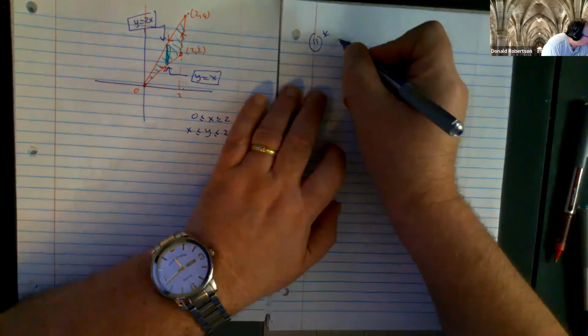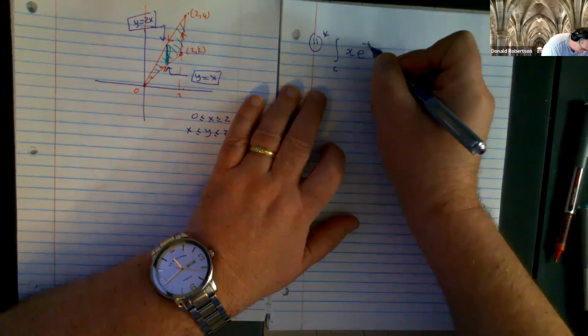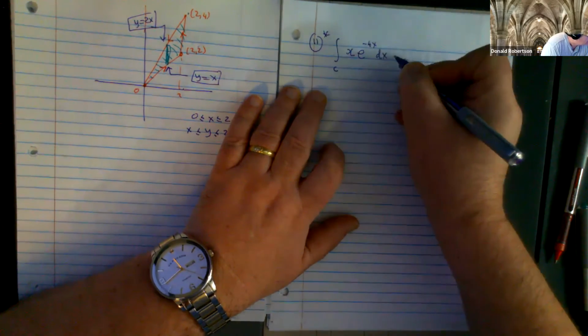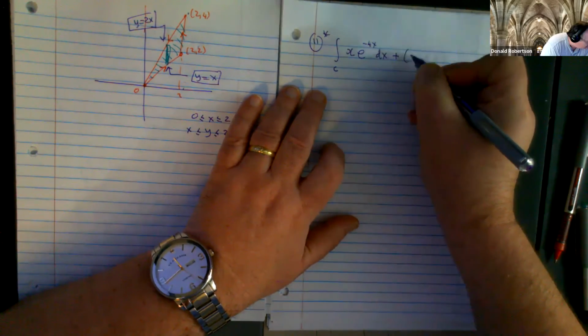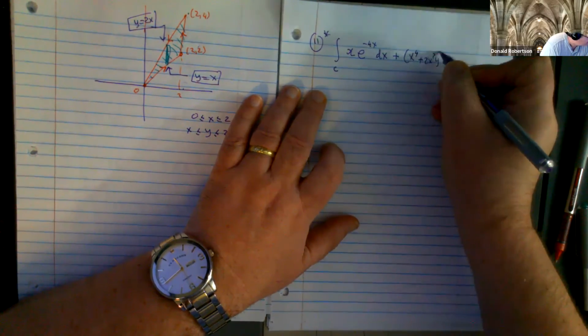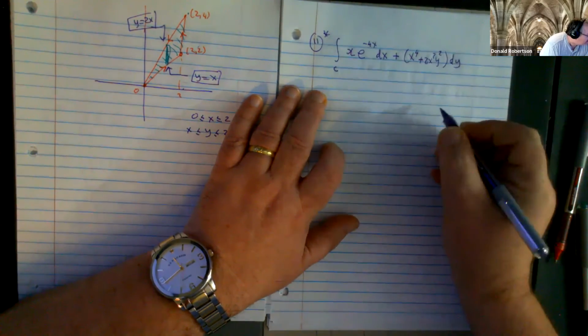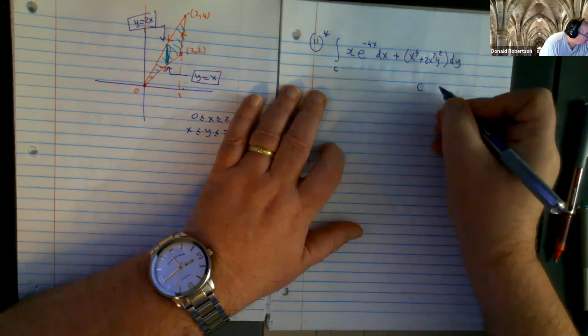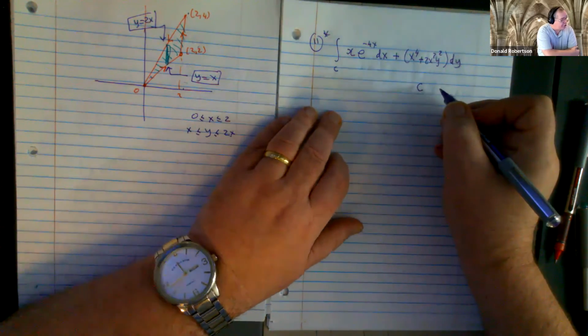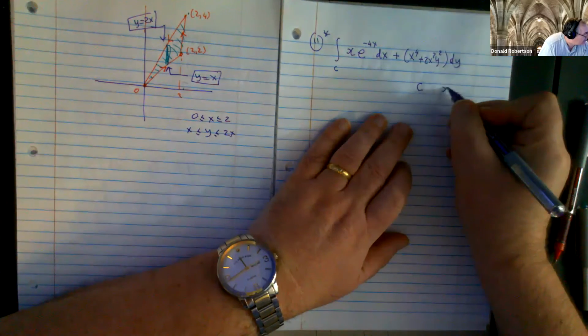It's a line integral of x e to the negative 4x dx plus an x to the 4 plus 2x squared y squared dy. And C is the boundary of the region between two circles.